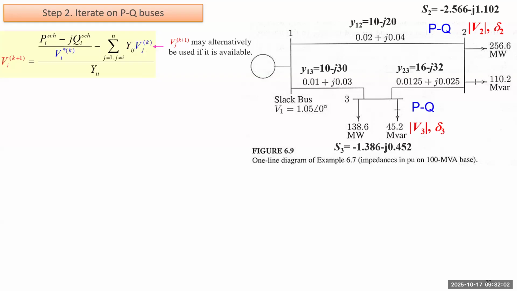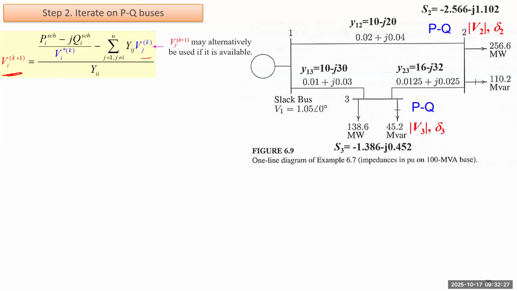So when you calculate, for instance, V_i at the k+1 iteration, the i may be, for instance, like bus 3. So you want to calculate bus 3 voltage at the k+1 iteration. But at this moment, the bus 2 voltage is already available, right? Because you calculate bus 2, then bus 3.